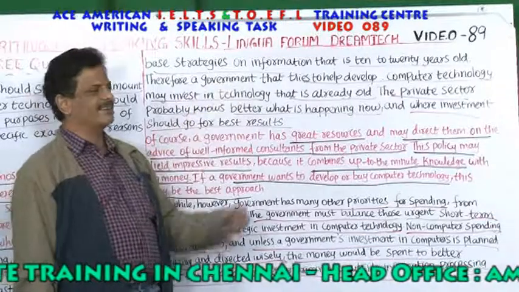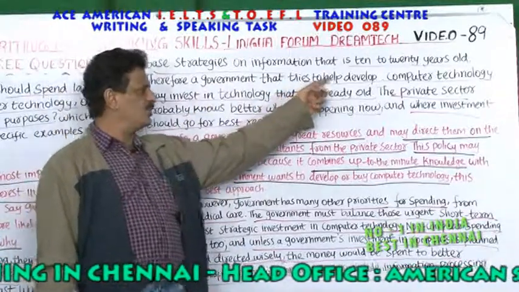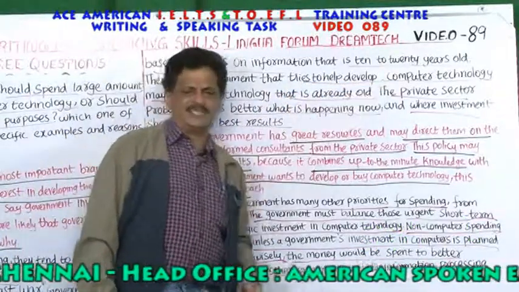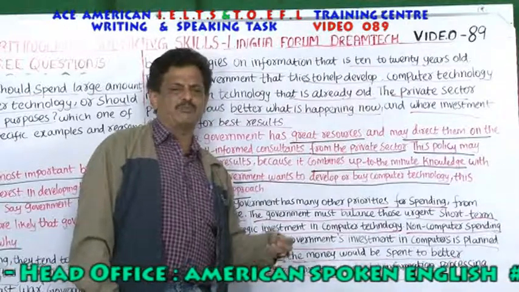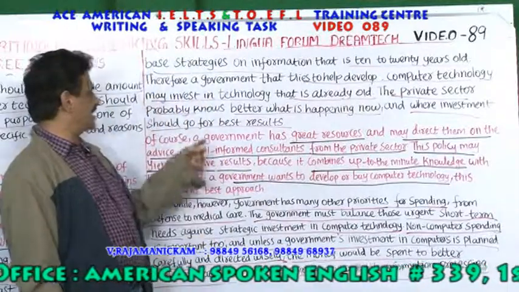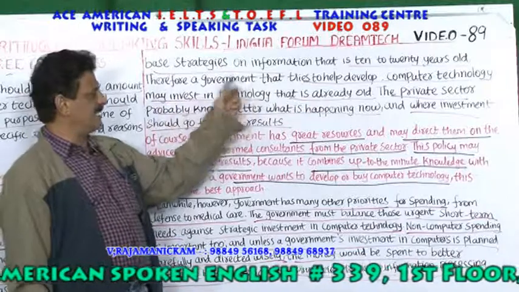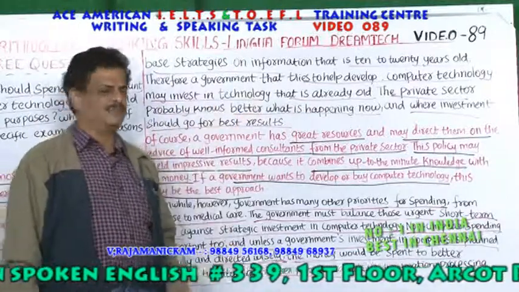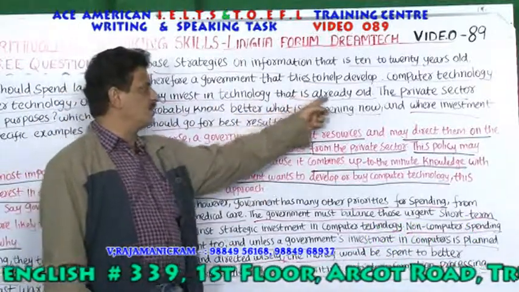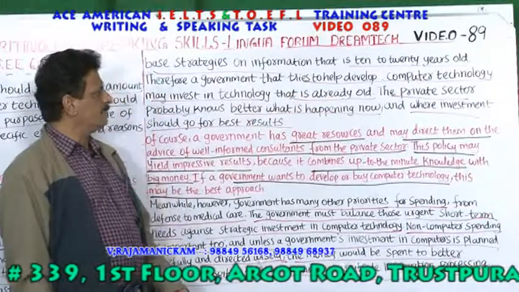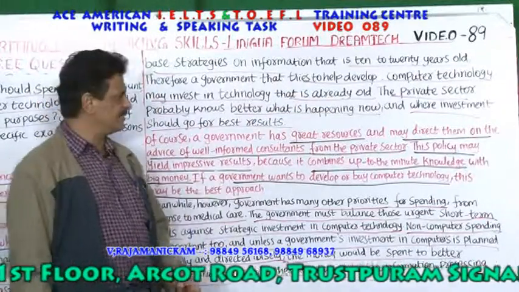Therefore a government, ஆகையால் ஒரு அரசாங்கம், that tries to help develop computer technology, இந்த கணினி தொழில்நுட்பத்தை முன்னேற்ற வேண்டும் என்று நினைக்கக்கூடிய அரசாங்கம் may invest in technology, அது தொழில்நுட்பத்தில் செலவு செய்யலாம், that is already old, அது பழைய திட்டங்களுக்கு செலவு செய்கிறது.